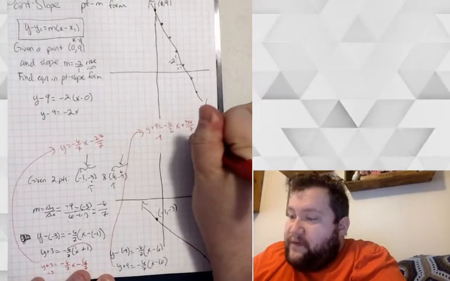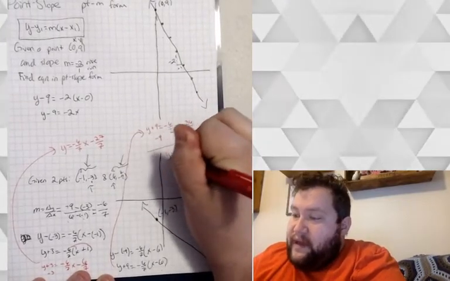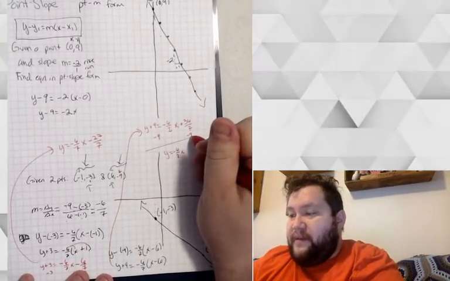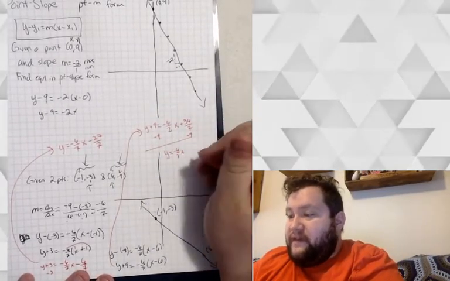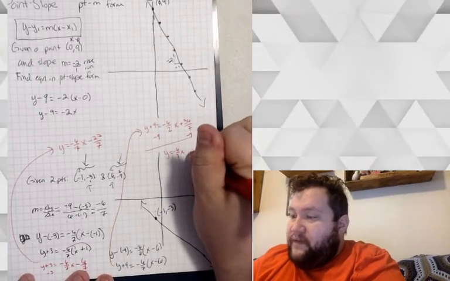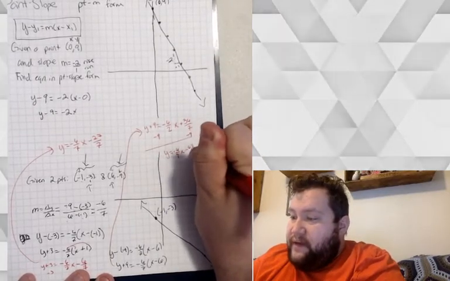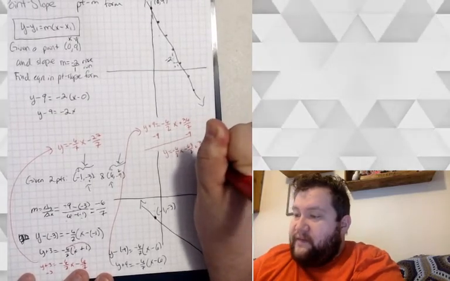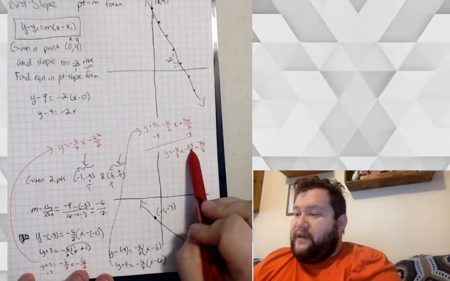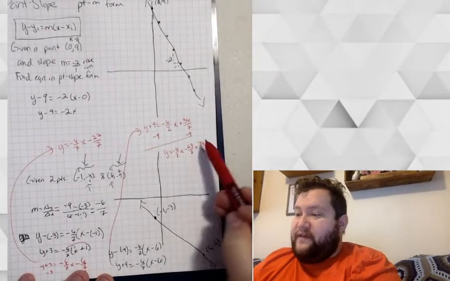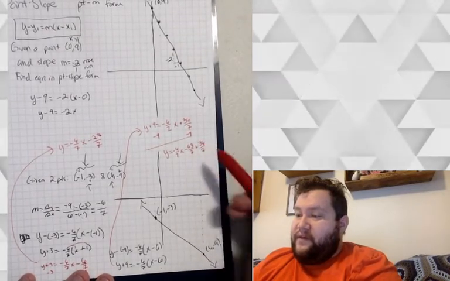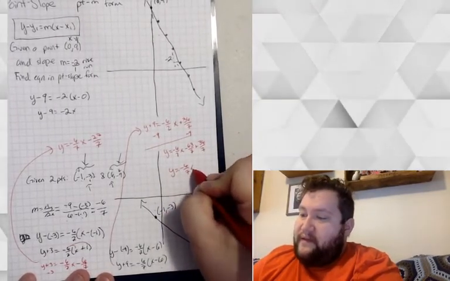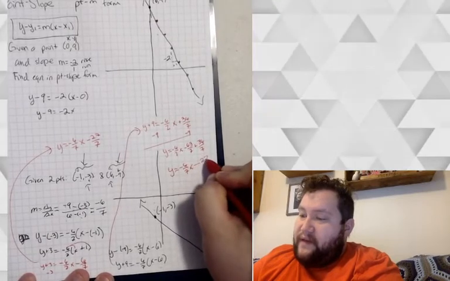Subtract a 9 from both sides. y equals negative 6/7 x, and I'm going to show my work for getting a common denominator. So 9 sevens are 63. So we have minus 63/7 plus 36/7. So 63 minus 36 is 27. So y equals negative 6/7 x minus 27/7.